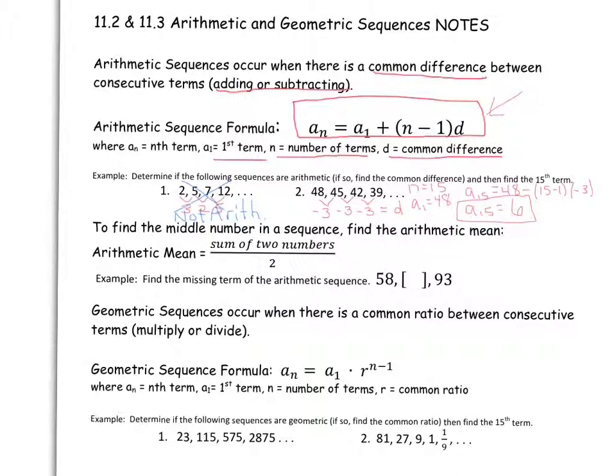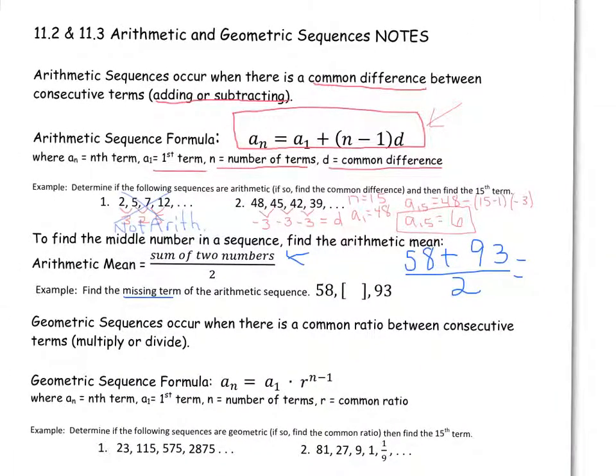So you take the sum of the two numbers, 58 plus 93, and divide that by 2, because you're finding the number that goes in the middle. That means your arithmetic mean is going to be equal to 75.5. So this 75.5 would go in the middle between those two values.